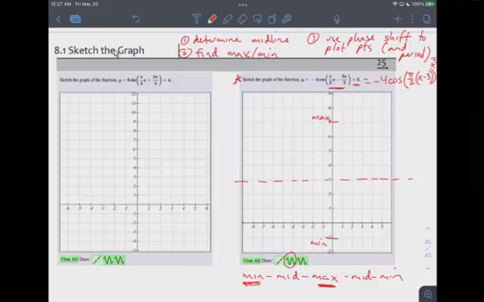That's your b value. And then you can see what your shift is. So where is this graph going to be shifted? It's going to be shifted to the right. How many units? 3 units. So I'm going to start a minimum right here at 3 units to the right on that phase shift.